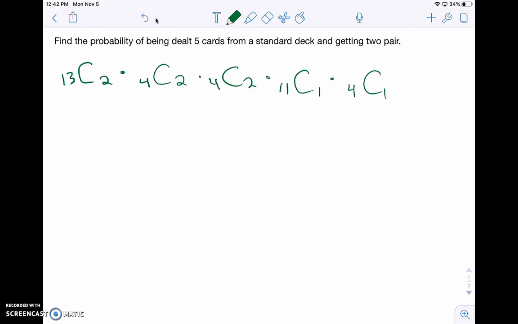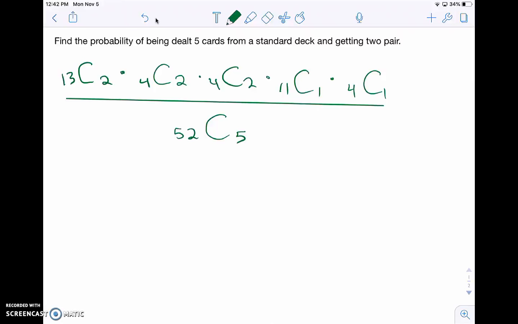Then you need to multiply all of that out in your calculator, and divide it by the total number of 5 card hands you could be dealt, which is 52 cards, choose 5 of them. Again, we're using combinations because order does not matter.